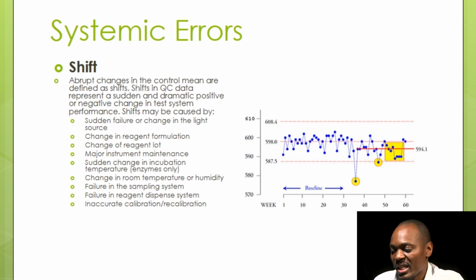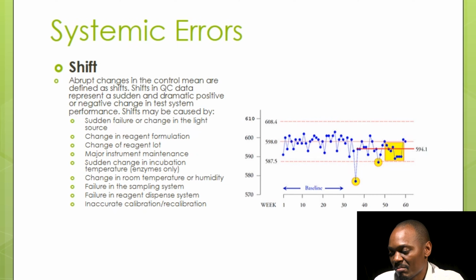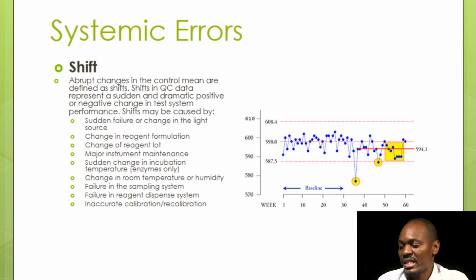Shifts are caused by sudden failure or change in the light source, change in reagent formulation, change in reagent loads, major instrument maintenance, sudden change in incubation temperature (this also affects enzymes), change in room temperature or humidity, failure in the sampling system, failure in the reagent dispense system, inaccurate calibration or recalibration, as the case may be.